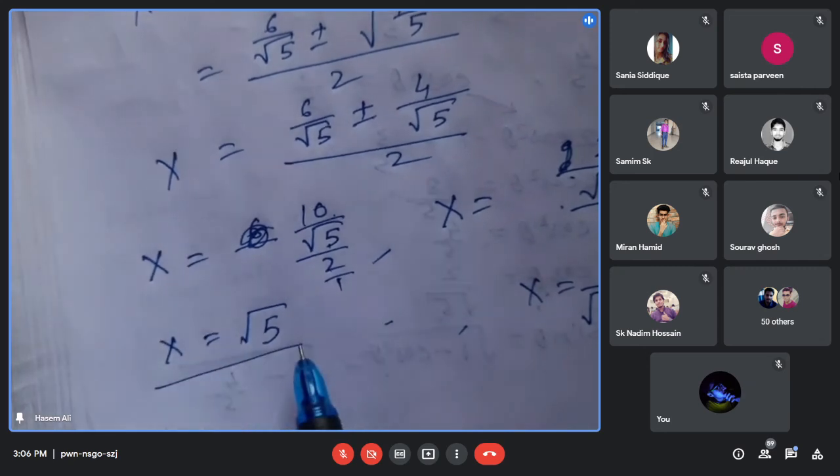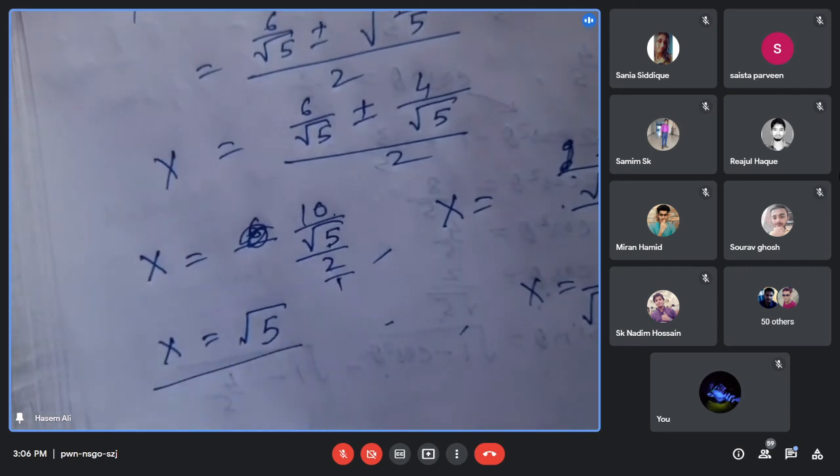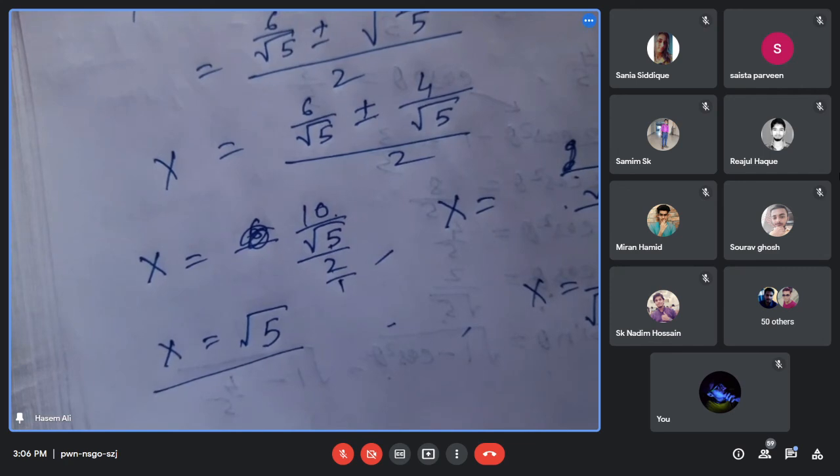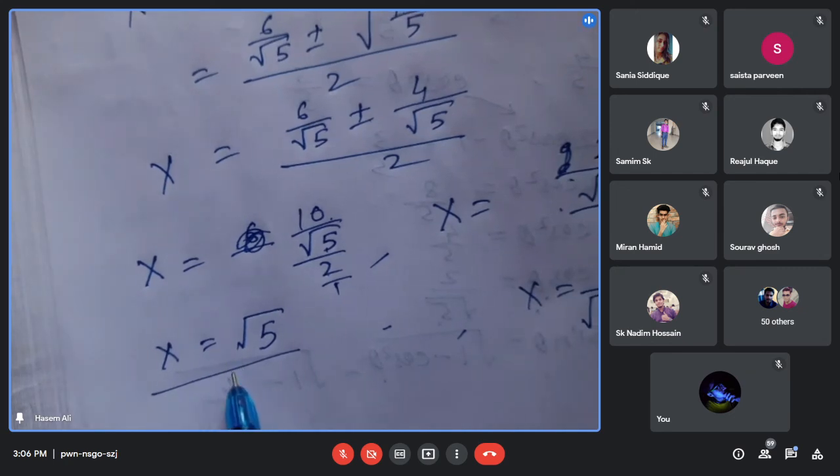Which equation does x equals to root 5 represent? X equals to some constant. Which curve?